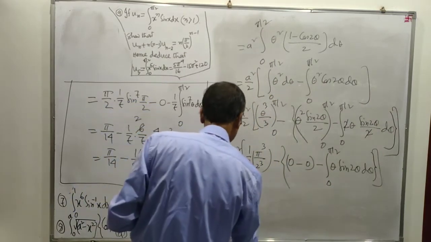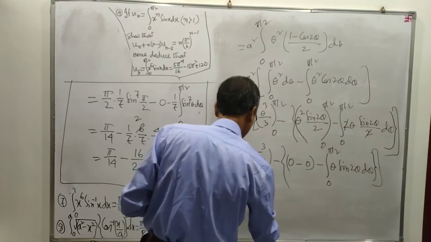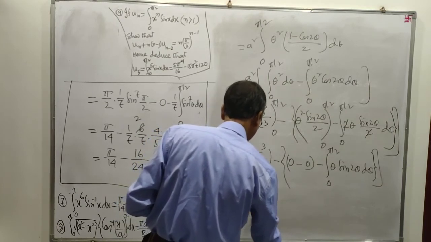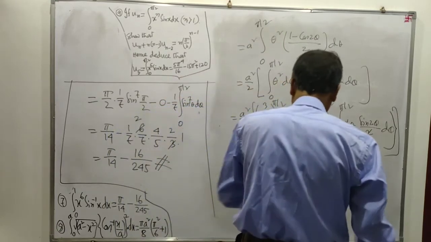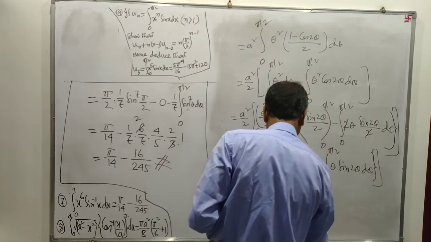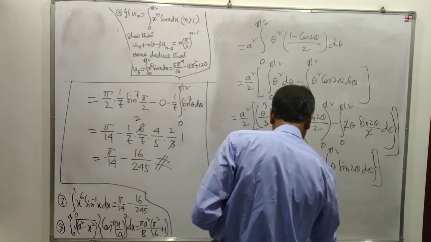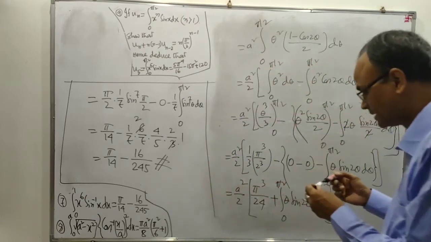This is equal to a square by 2, pi cube divided by 24, minus minus plus, integration 0 to pi by 2 theta sin 2 theta d theta. Am I right?